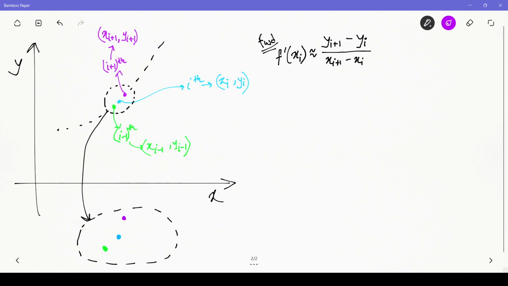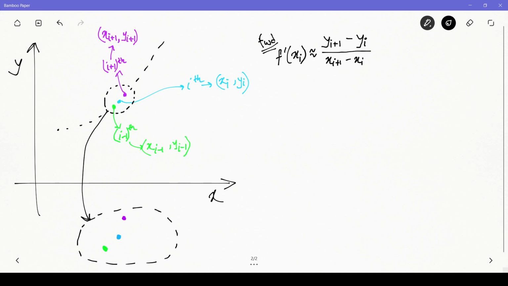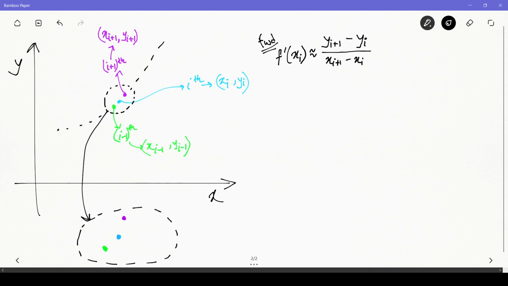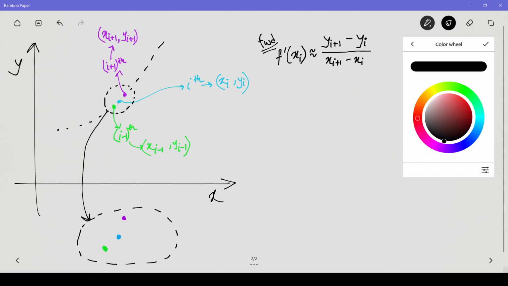Okay, so this forward difference over here, what is it trying to calculate? It's trying to calculate the slope of the straight line that passes through the ith point and the i plus 1th point, right? So essentially it's something like this. Let me try it using a different color, say the red color.